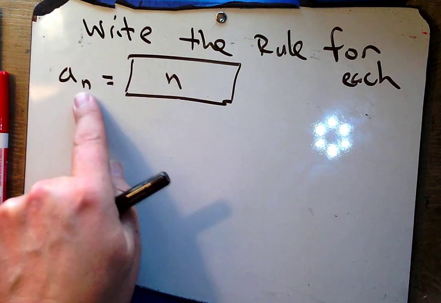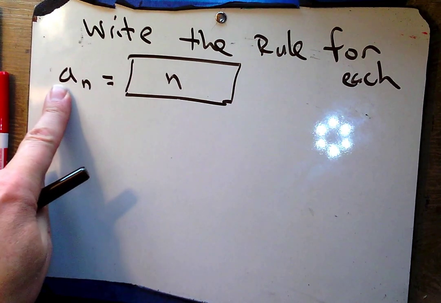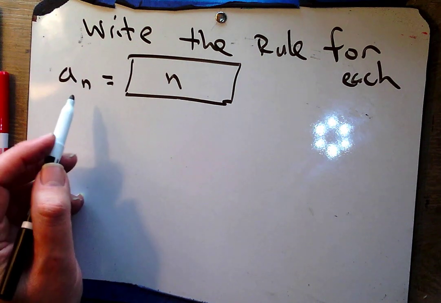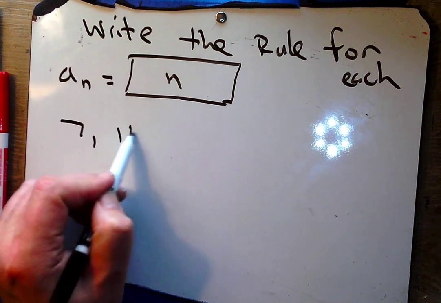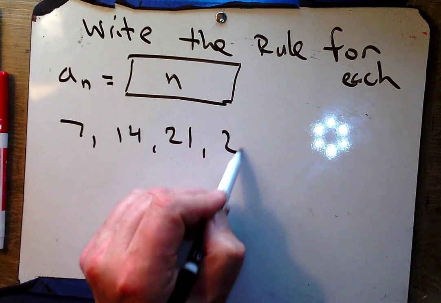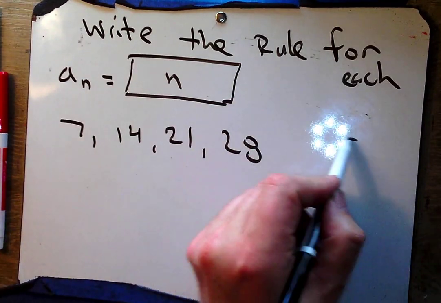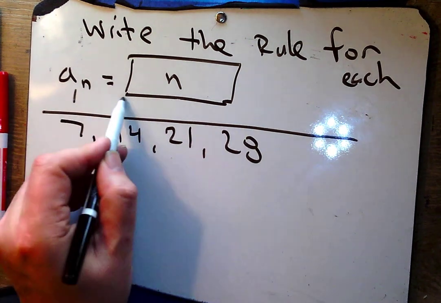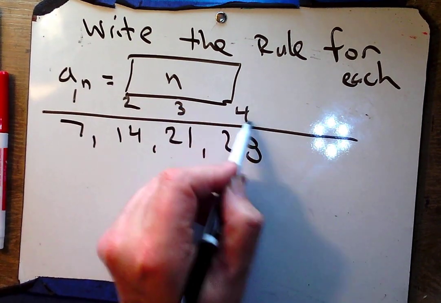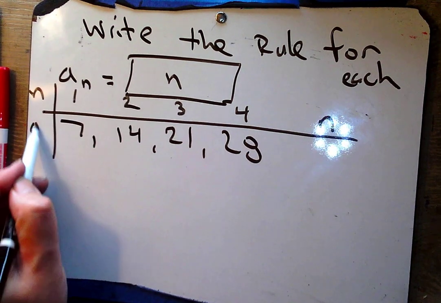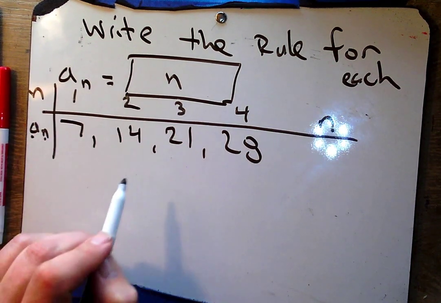N is my term number, and this is the value of that term number. So here's my first set, 7, 14, 21, 28. And they want me to write a rule for this. Again, 1, 2, 3, 4, n. These are my term numbers, and these are the values of these term numbers.